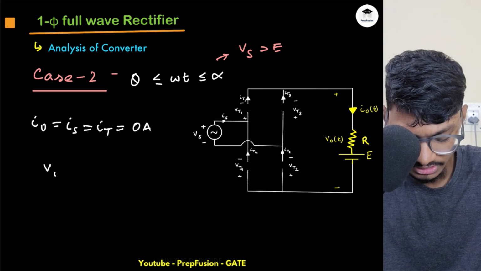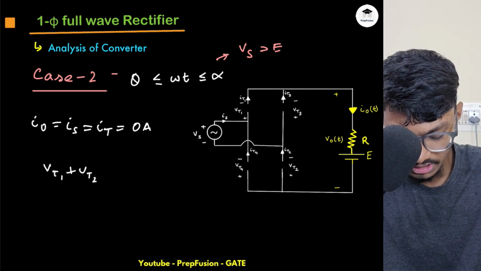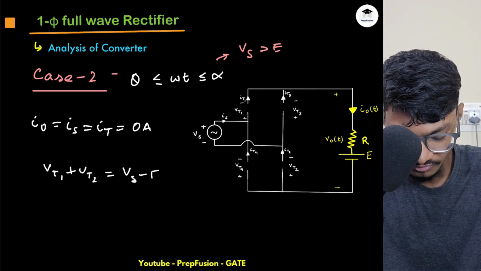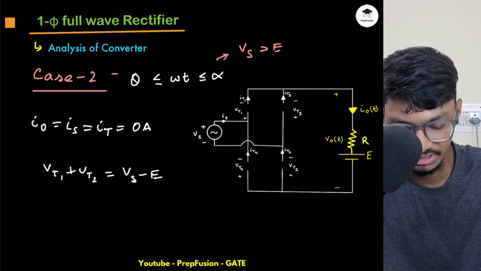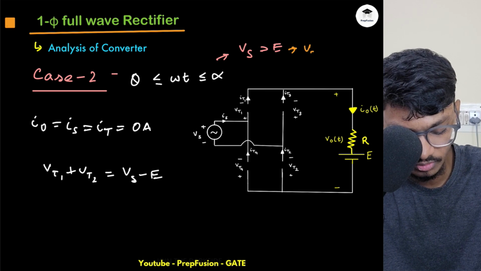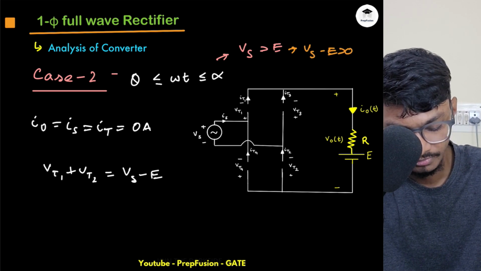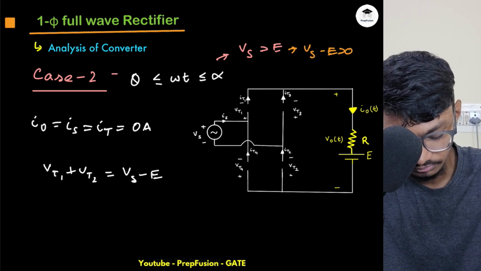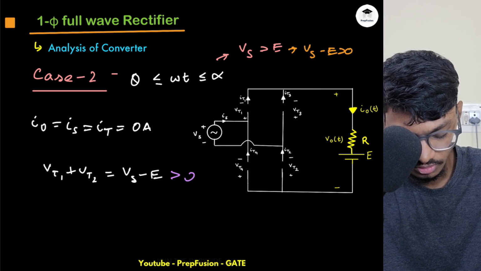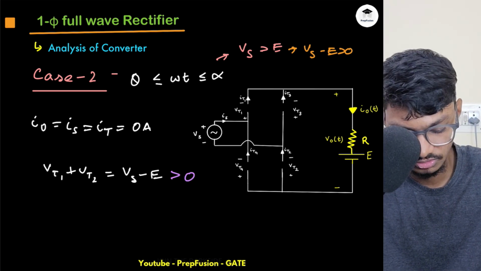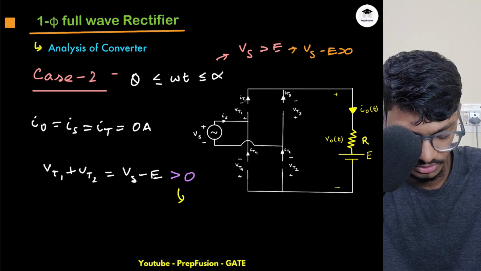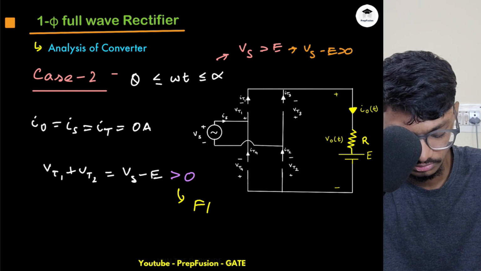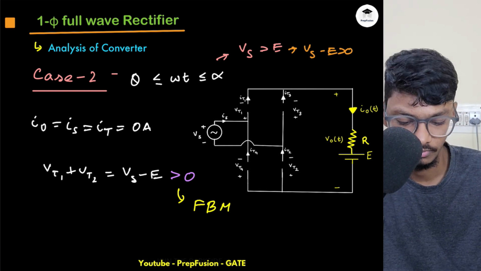Again this time my VT1 plus VT2 is Vs minus E if you apply KVL. But this time the difference is Vs is greater than E. So if I rewrite this inequality, Vs minus E will be greater than 0. So I can say that VT1 plus VT2 will be greater than 0. If this is greater than 0, that means this will be forward blocking mode.